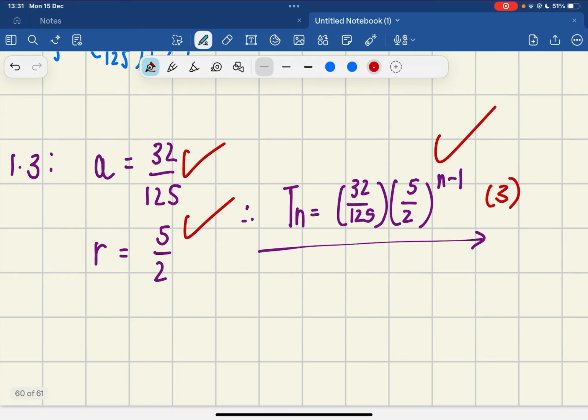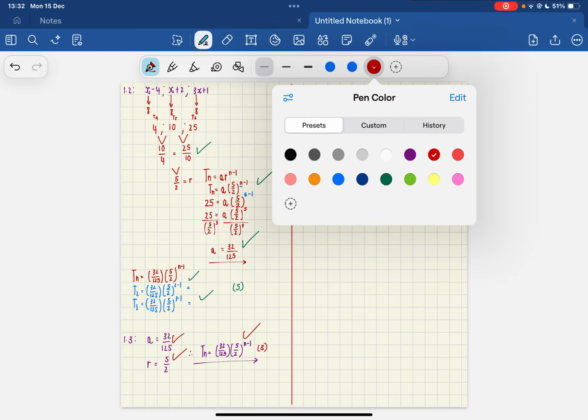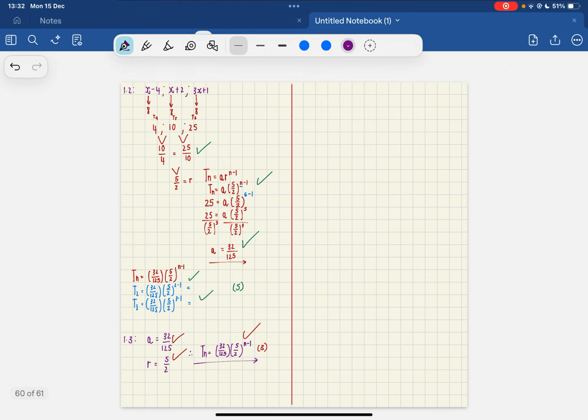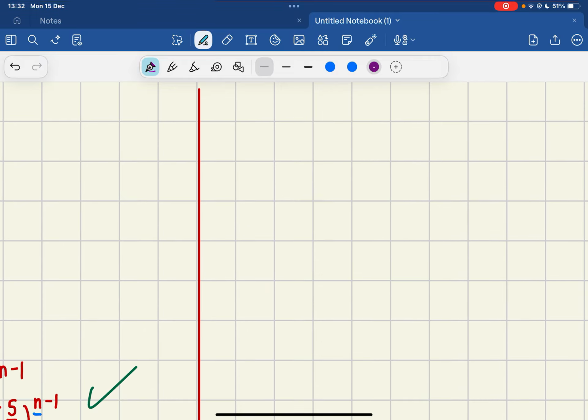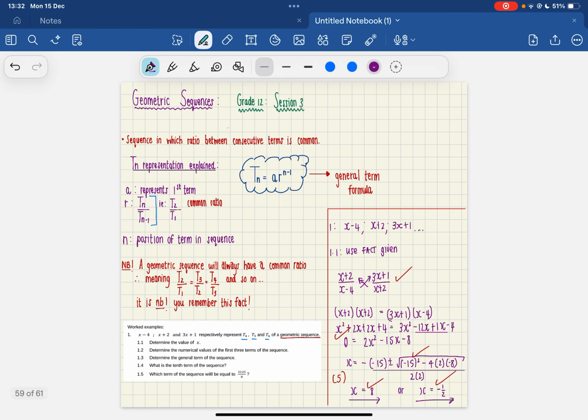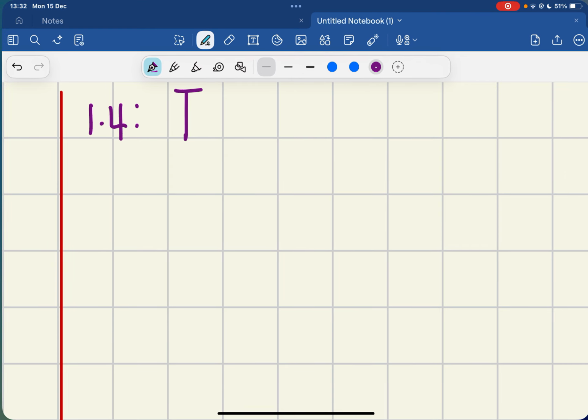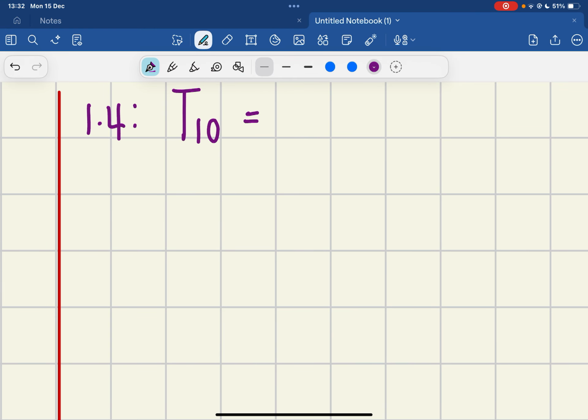Okay. Now let's quickly move on to question 1.4, boys and girls. Question 1.4 says, what is the 10th term of the sequence? So T10. T10 is equal to A R to the power of n minus 1.